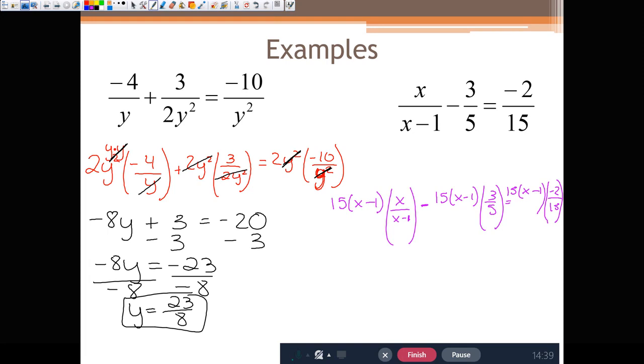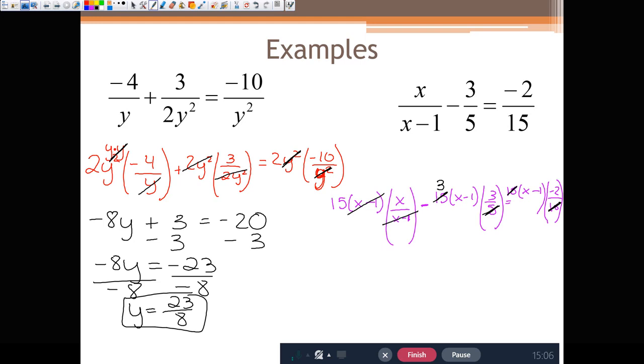So, now when we're eliminating, I can eliminate my x minus 1 and x minus 1. Okay, how about here? I have a 15 and a 5. So what's 15 divided by 5? 3. 3. And I have a 15 and 15. So now that I've eliminated my fractions, I'm going to multiply.